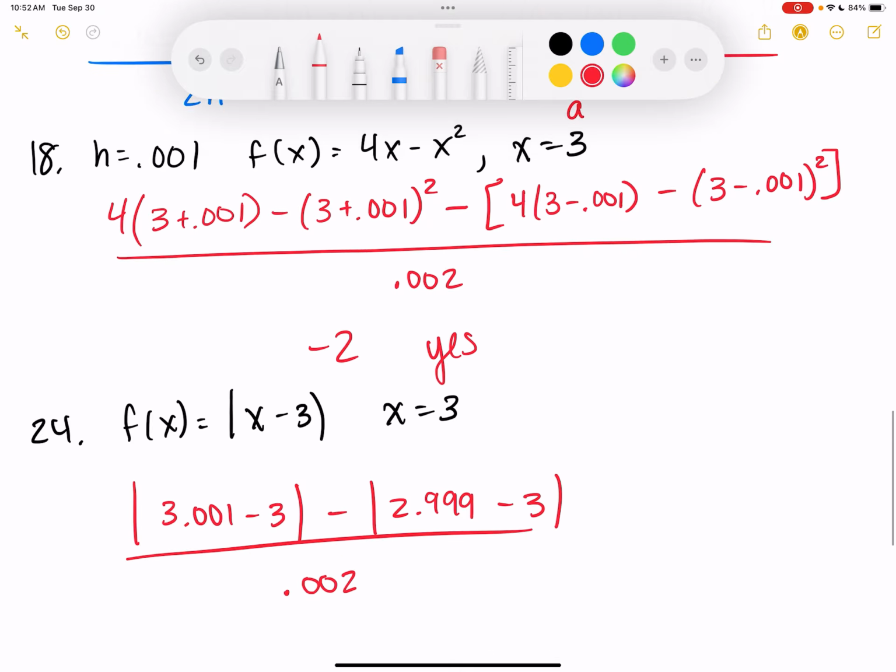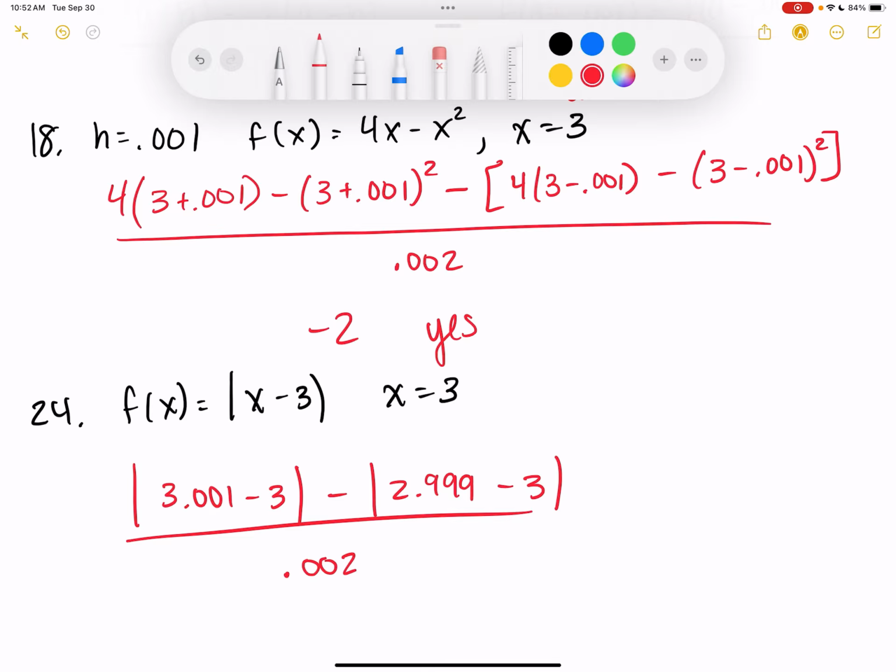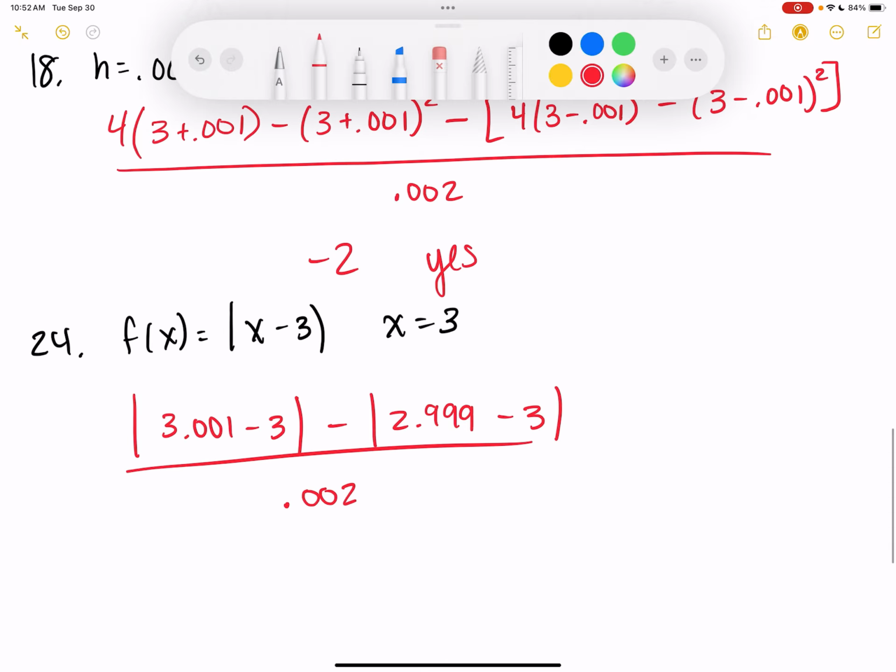When I do this, in both situations I'm getting 0.001. So it'll be 0.001 minus 0.001 over 0.002. That gives me 0 on top. So this one is not differentiable because it equals 0.